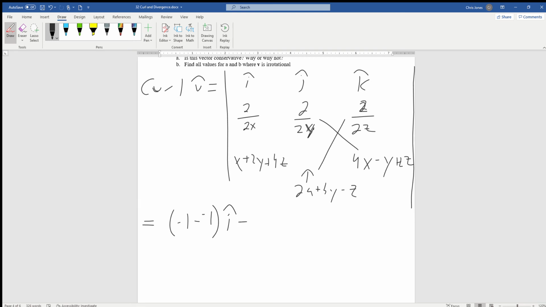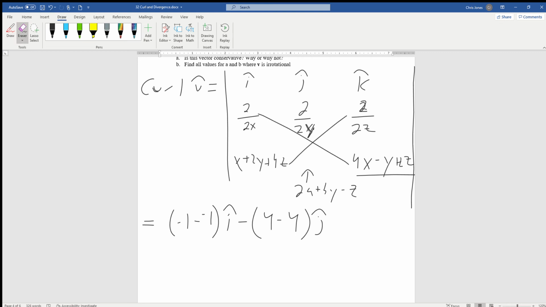For j, we're going to cross these out now, and we're going to go down and up. The derivative with respect to x is 4 of 4x minus y plus 2z. The derivative with respect to z, that's going to be minus 4. All right, so that's good. So now the first two terms are going to go away.